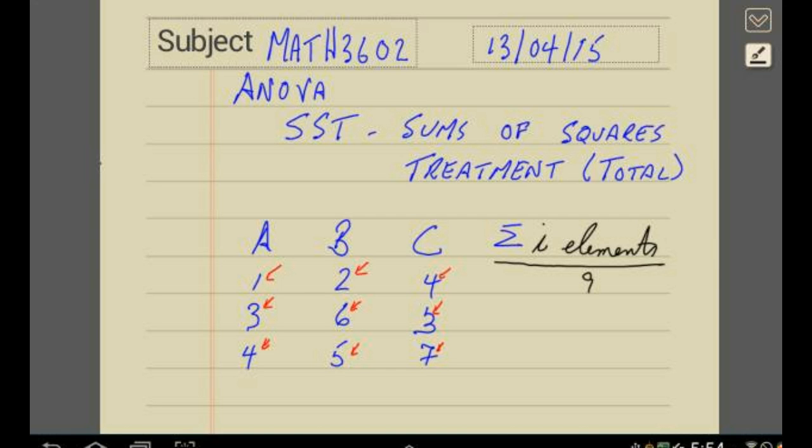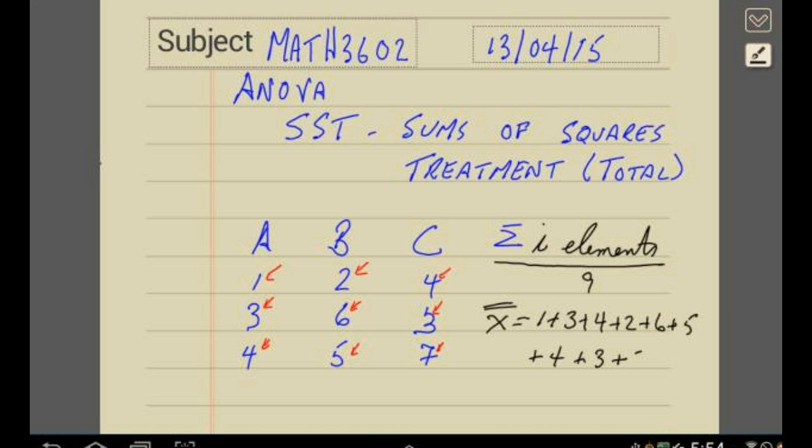So for our grand mean, we have 1 plus 3 plus 4 plus 2 plus 2 plus 6 plus 5 plus 4 plus 3 plus 7.